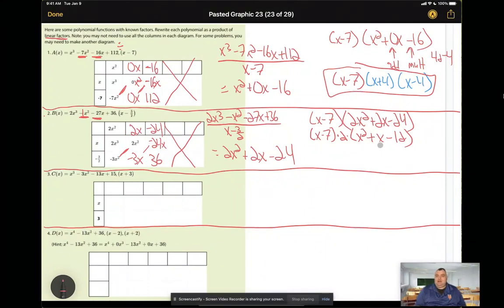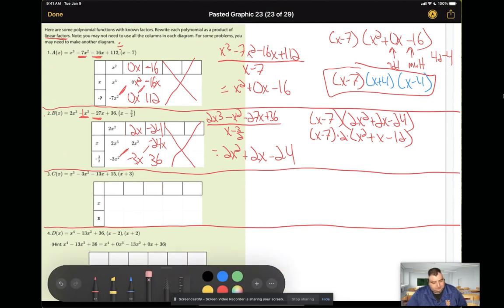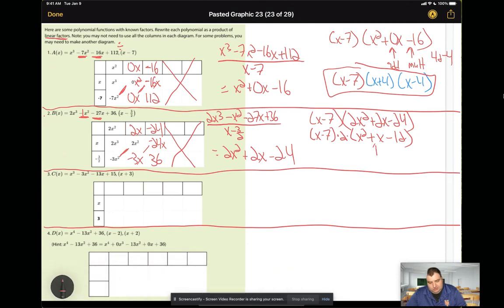This is still not a linear factor, which means I need to do factoring again. I need to do my add multiply thing. So what adds up to positive 1 and multiplies to negative 12? That's going to be 4 and negative 3, right?